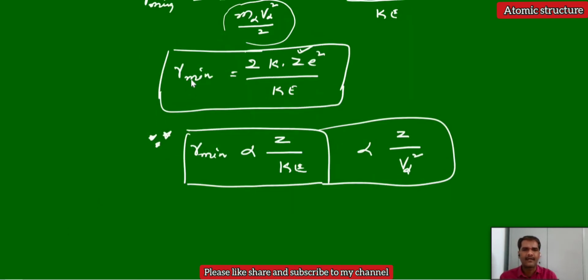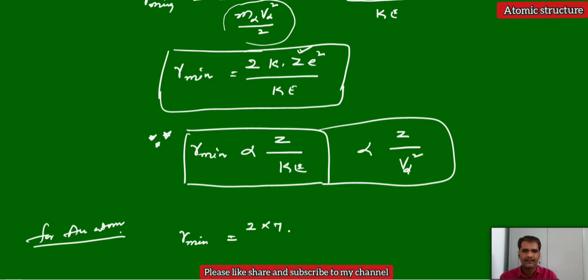So if I ask what is the minimum distance for a gold atom, from the Rutherford experiment, what does R minimum become? If you apply Z, here the atomic number of gold is 79.